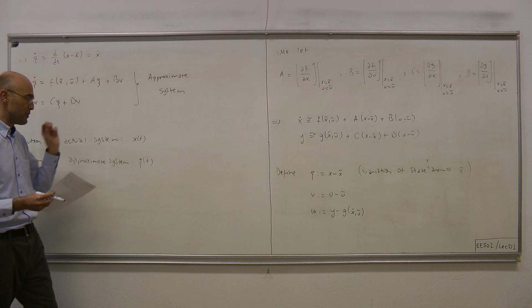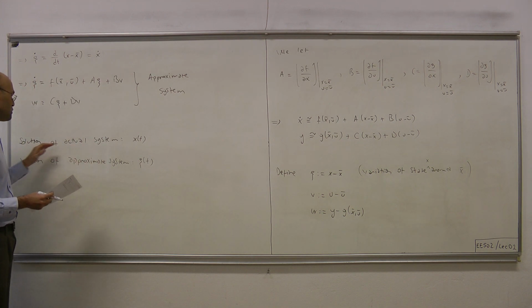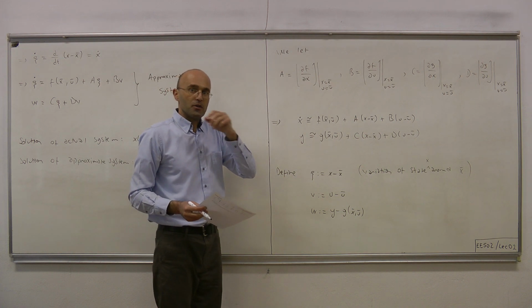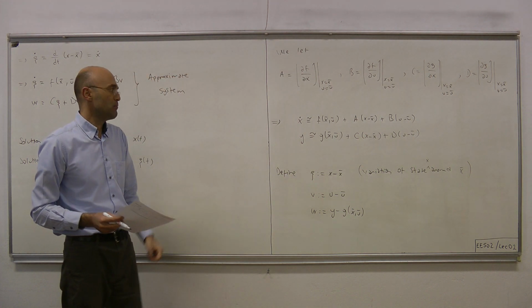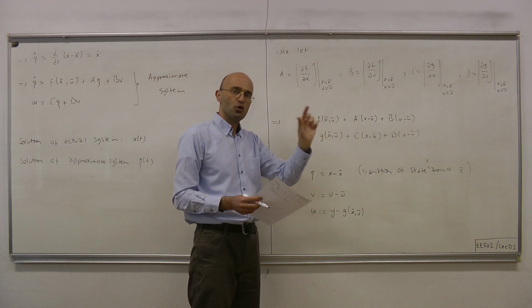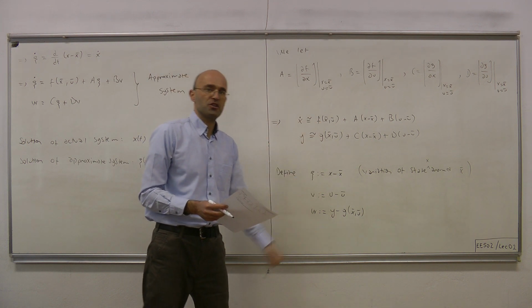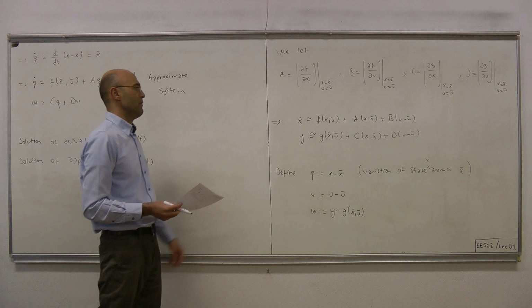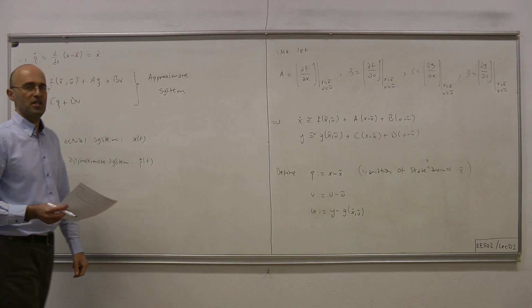Let's be careful and precise about what we mean by the solution. What you do is you pick an initial condition x of 0 and an input u of t, and then you start the system from, let's say, t equals 0. And what you obtain is x of t.